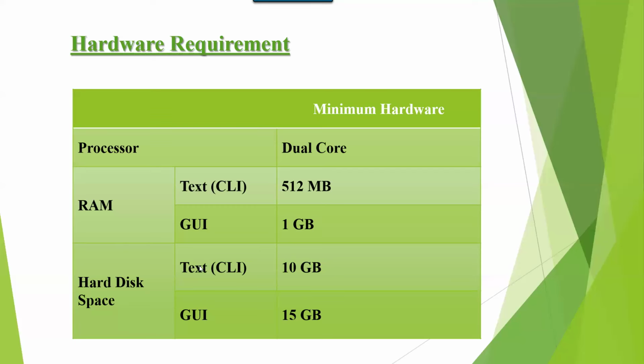If you are using graphical user interface, 15 GB is sufficient. Even with 10 GB you can create a graphical user interface. I'll show the graphical installation with 10 GB. So this is the minimum hardware requirement to install Linux.